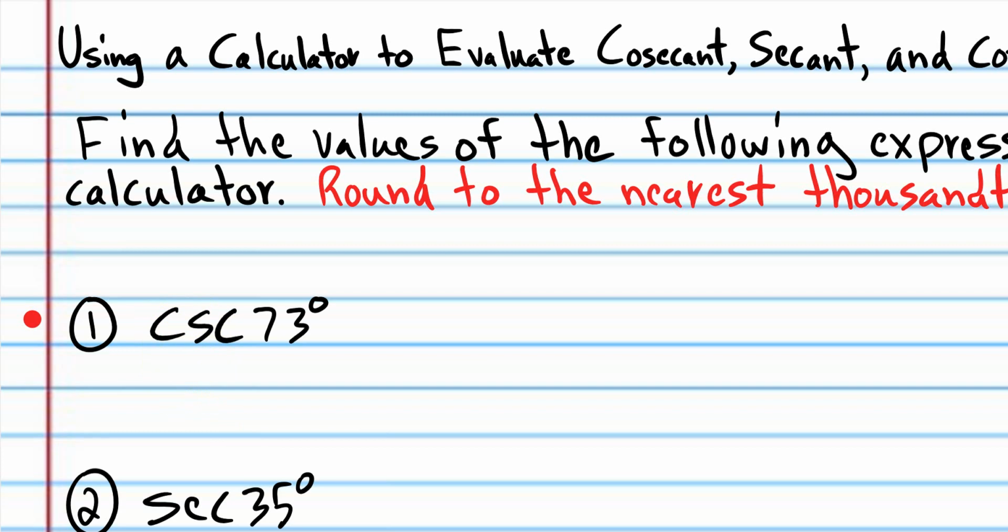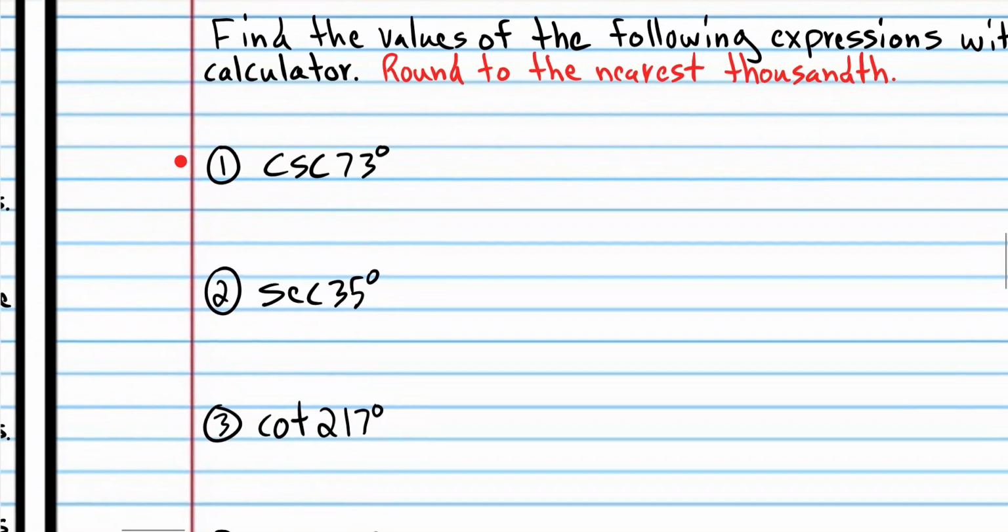Well, it's a problem because you may notice on your TI calculator, you don't have this function. You don't have a button for that function. Same with the secant function and the cotangent function. There is no button. And if you look at your iPhone, or even an Android phone, they don't have buttons for these functions either.